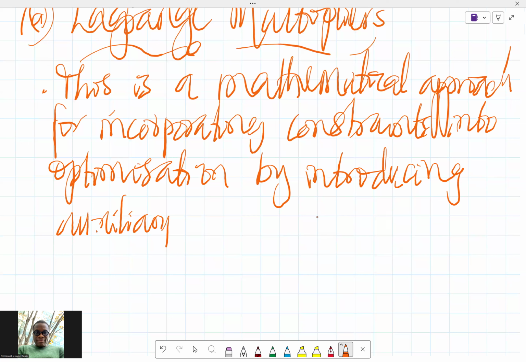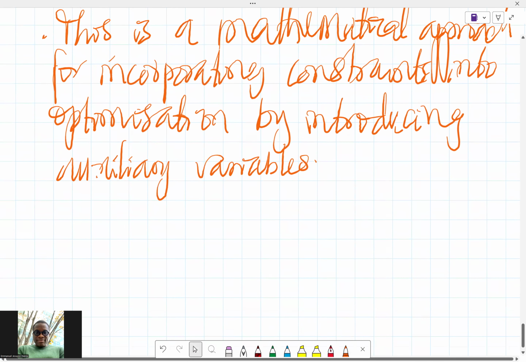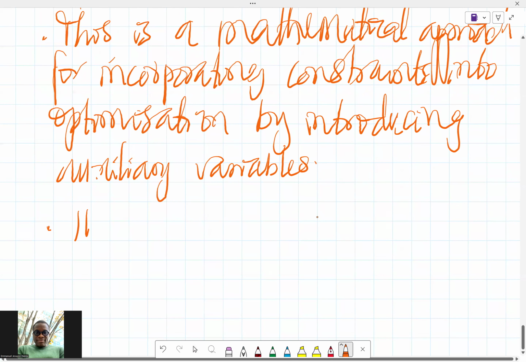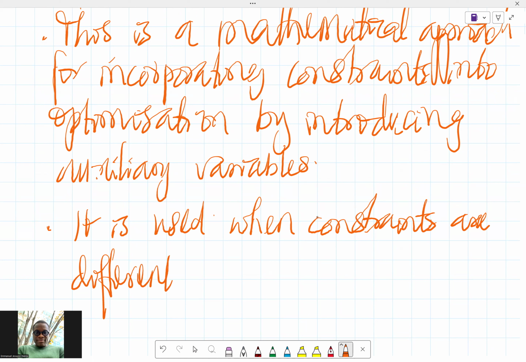It is used when constraints are differentiable. You have to be able to differentiate the constraints to use Lagrange multipliers.